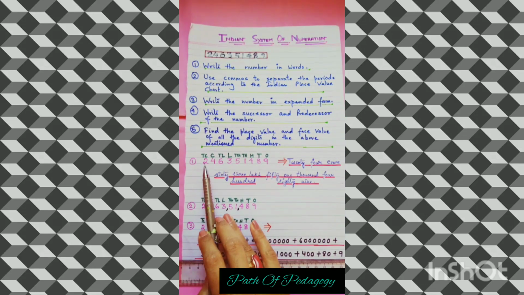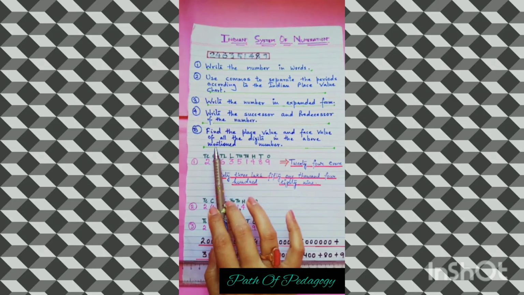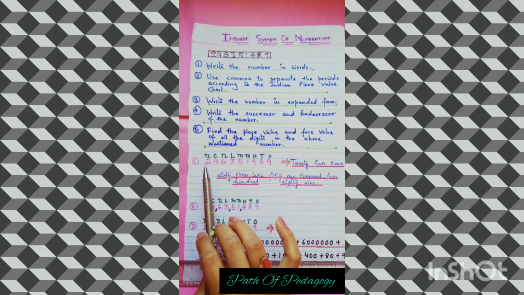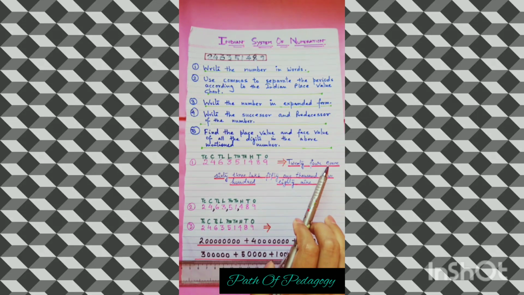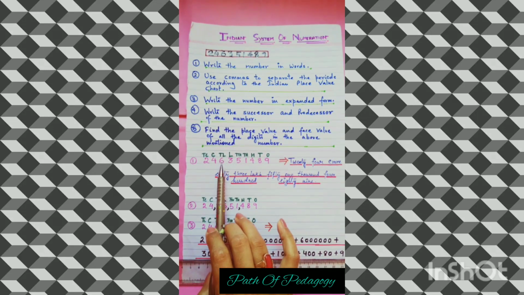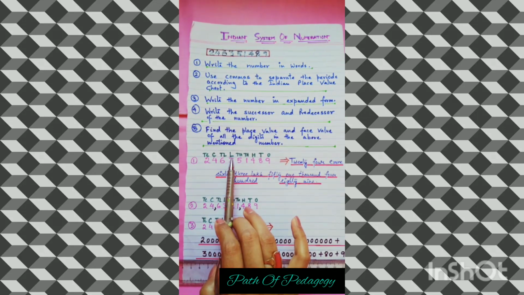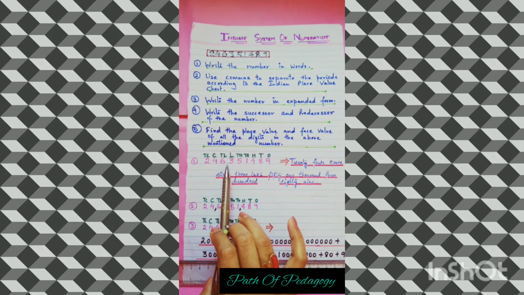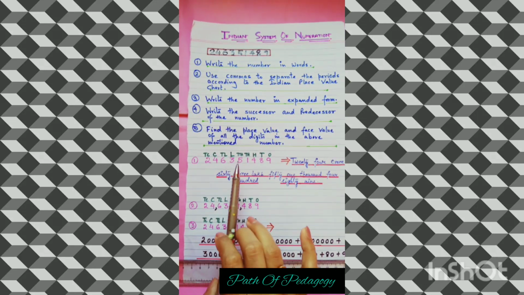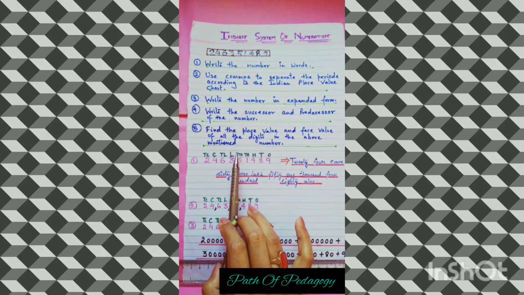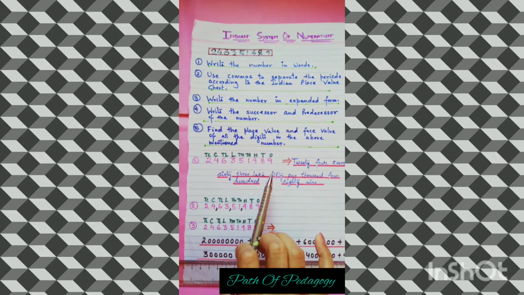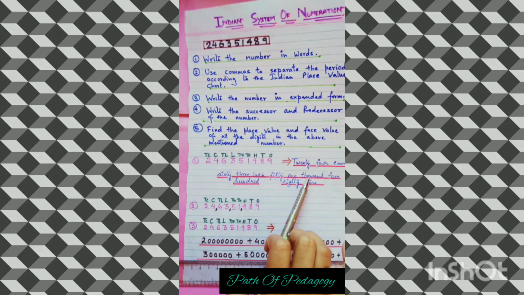So first is 2 and 4 under 10 crore and 1 crore. So we will write 24 crore. Then 6, 3 under 10 lakh and lakh. So we will write 63 lakh. Then 5 and 1 under 10,000 and 1,000. So we will write 51,000.